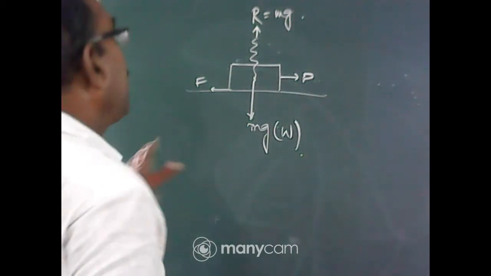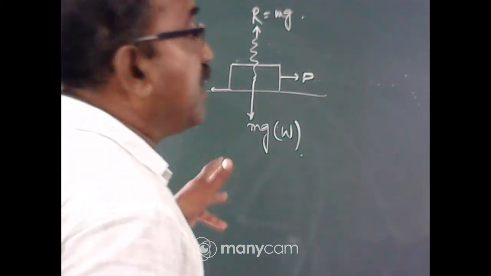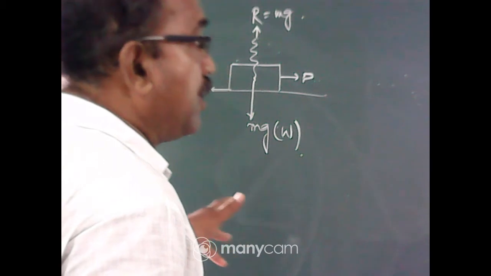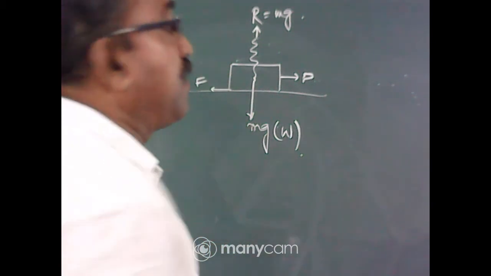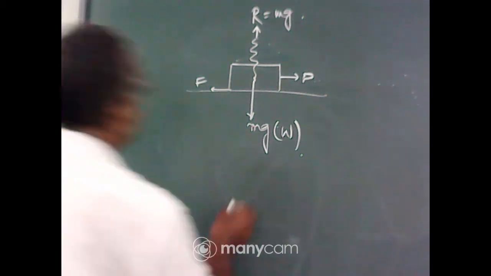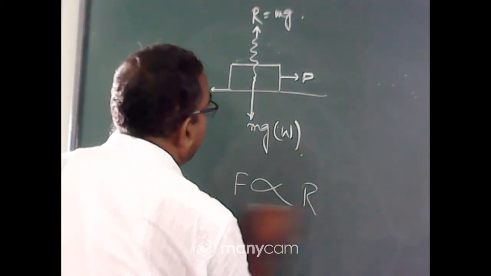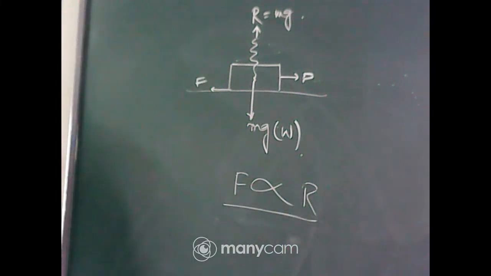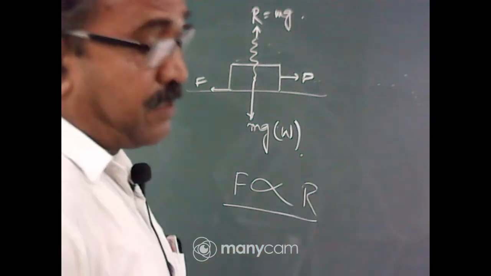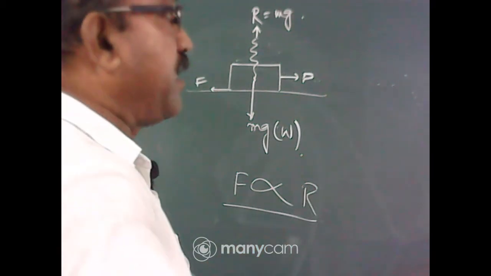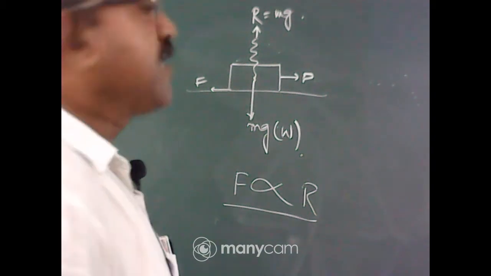So the frictional force, that is the limiting frictional force, is directly proportional to the reaction force. So what is the meaning of friction? This object is just at rest on that surface.